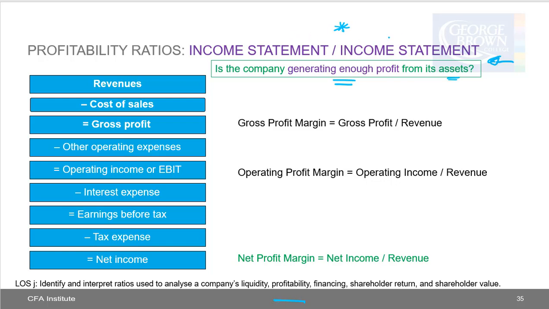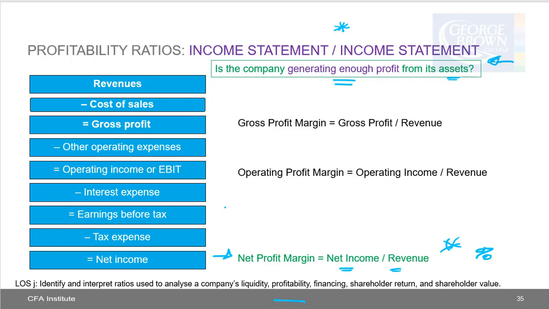Numerators from the income statement, denominator is from the income statement, and the ratio that you need to know for the CFA Institute Investment Foundations program is the net profit margin, and that's net income divided by revenue, and the answer is going to be in terms of a percentage.